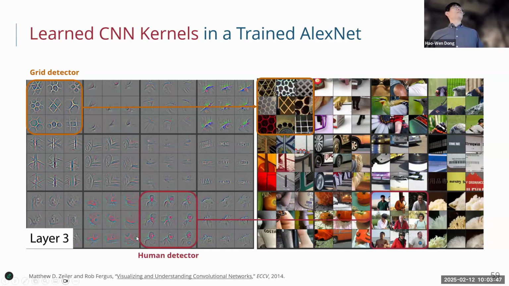And you have human detectors. Somehow, human is the most frequently captured object. So at layer 3, other filters are looking at different parts, but somehow we have human appearing here. So that's the CNN model figuring out that human just appears so many times. So at this point, we should already be able to detect the human.